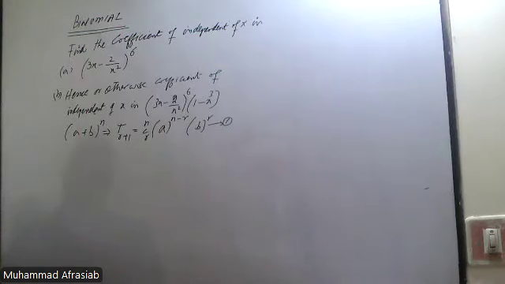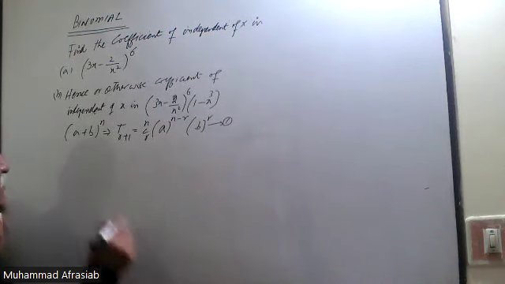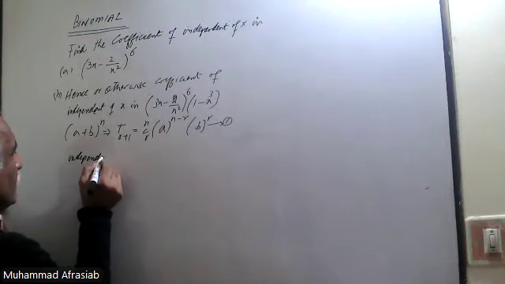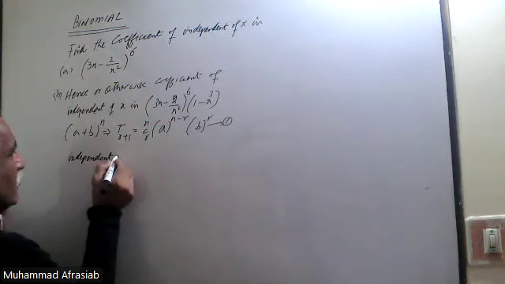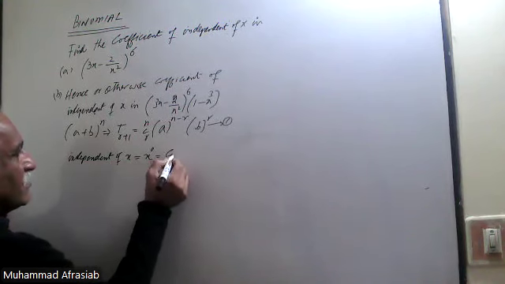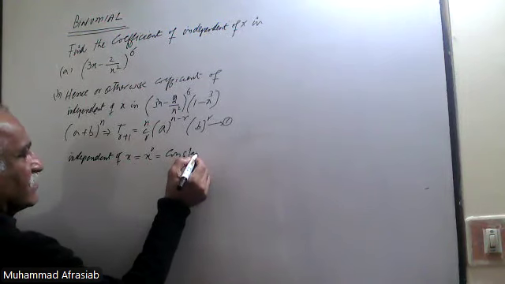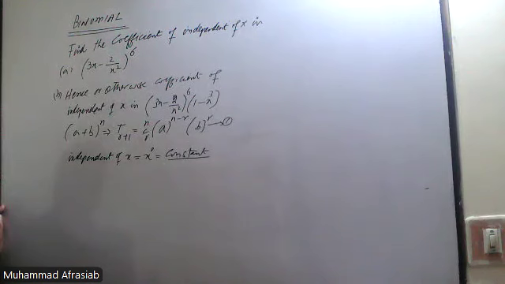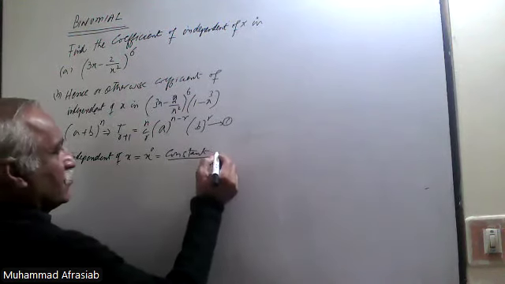Now, for this part A, (3x minus 2 over x squared) power 6, we have to find the term independent of x. Independent of x means x power 0, or it is a constant number, which is equal to 1.